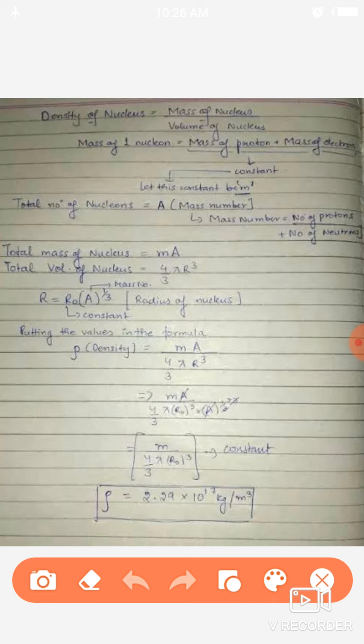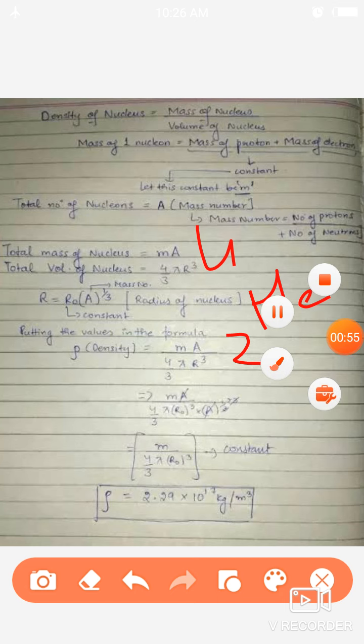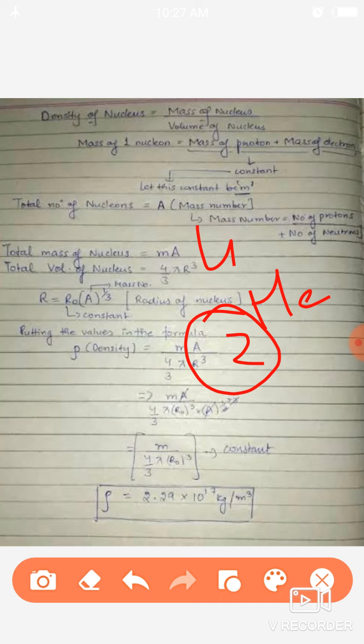For example, suppose I take an atom, helium 4. Here 2 is the atomic number in our table, or we can say it is the number of protons.